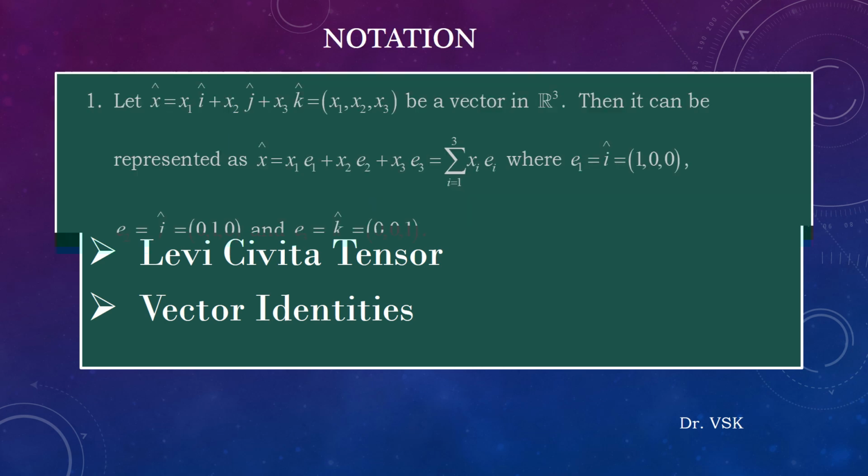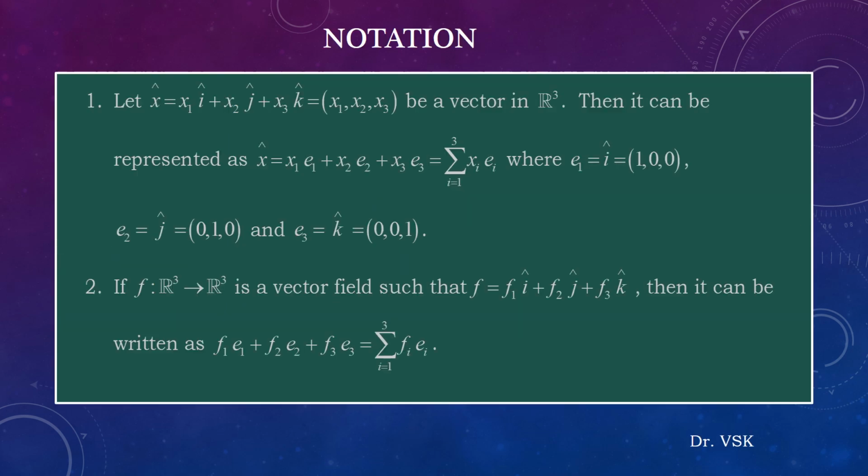Let us begin with the vectors in R3. How to represent a vector in R3? Let us choose a vector x cap equals a triplet x1, x2, x3 in R3. We have learnt that this vector x cap in R3 can be written as x cap equals x1 i cap plus x2 j cap plus x3 k cap.